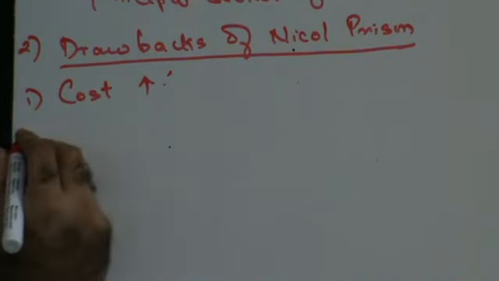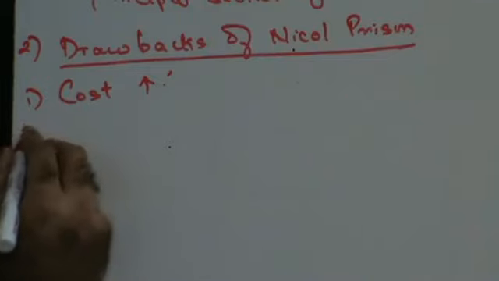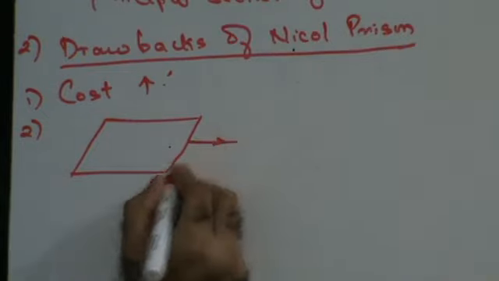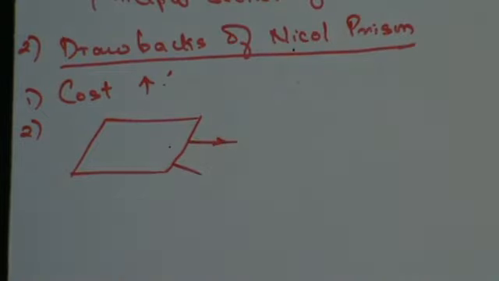Remember, you have refraction taking place. Now because of the refraction, the extraordinary ray will not pass straight. It will pass through one side. That means, see guys, if this is my prism, I should have had the extraordinary light coming out from here. Instead of that, it will come out from one corner.